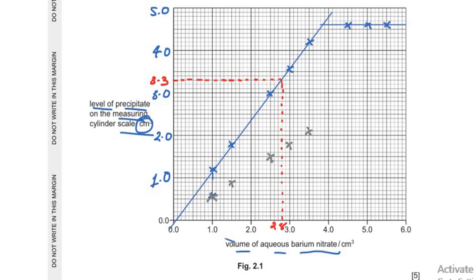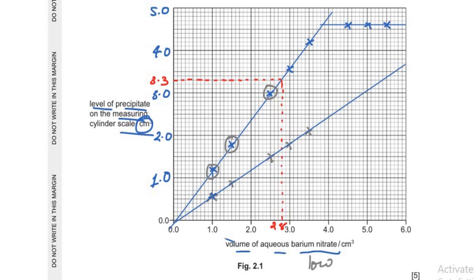Now I have drawn the points in gray or black. You can see here are all these points. Now I have drawn these points at exactly half of the value given in our data. So if we draw a straight line, it's going to continue, because in this case, if the barium nitrate concentration is half, the magnesium sulfate will not fully get reacted, and so the line will continue and will not level off.